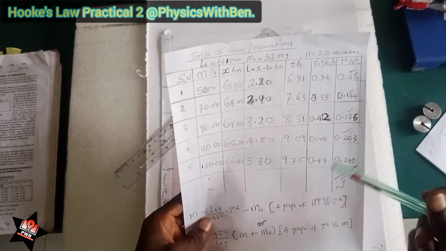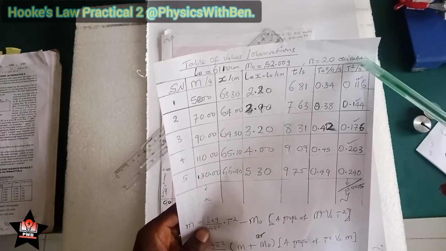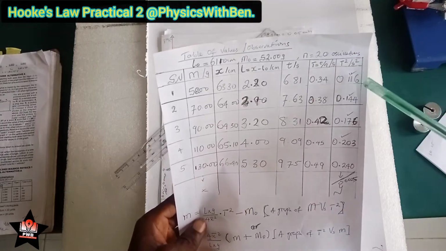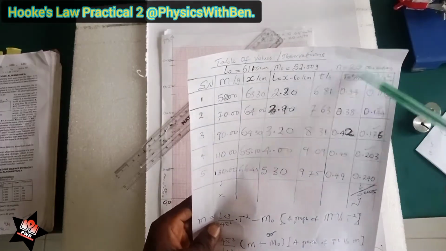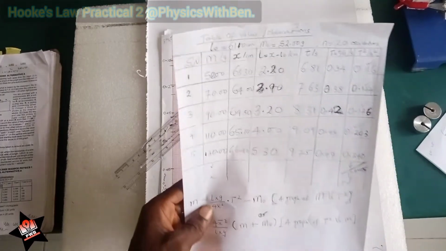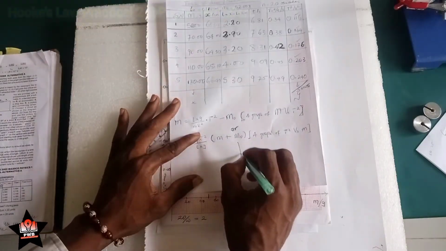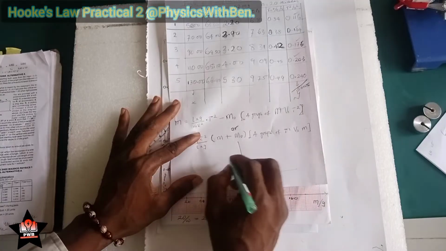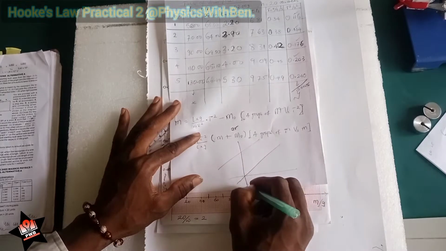Now, I did not observe the trend today. Look at this. You have mass and period. It is increasing, increasing. So all increase or decrease graphs will always give you a graph that looks like this. Always remember this graph, or this graph, or this graph.